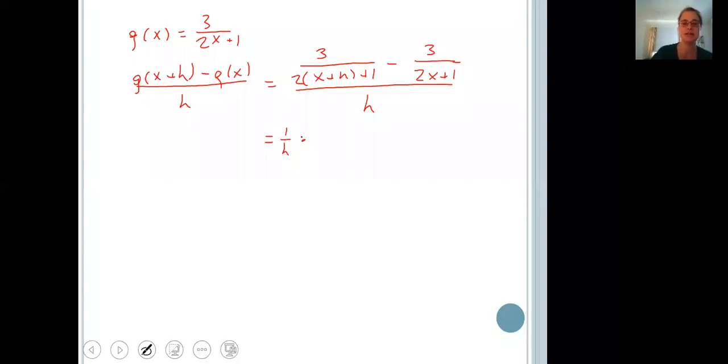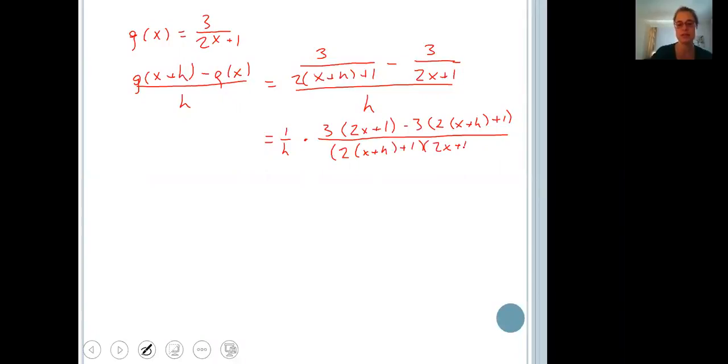So my common denominator is going to be the product of these two denominators. So I'm going to end up with 3 times 2x plus 1 minus 3 times 2 times x plus h plus 1, all over 2 times x plus h plus 1 multiplied by 2x plus 1.